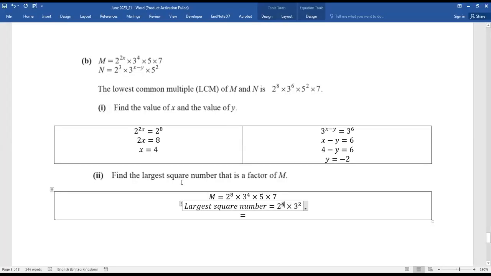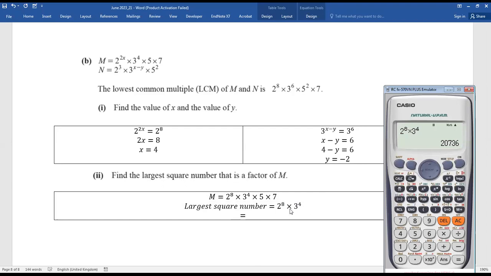This is the square root of the largest square number. We need to find, oh no, we need to find the largest square number, sorry. So that will be just 2 to the power 8 into 3 to the power 4, which is simply 20736.